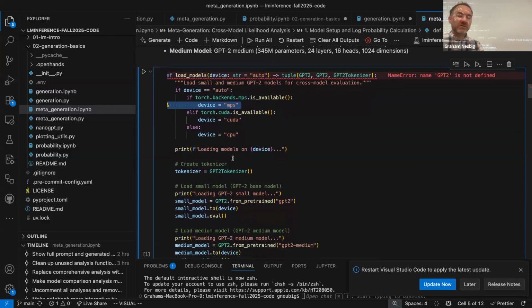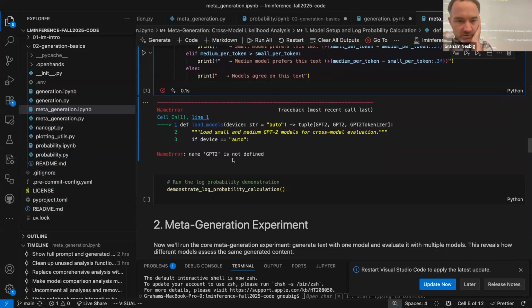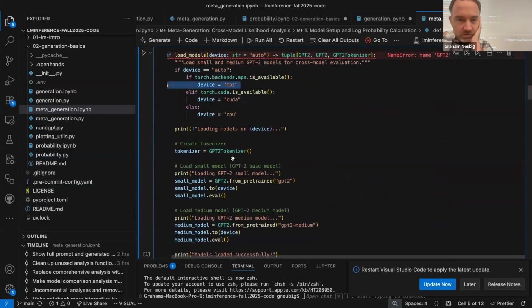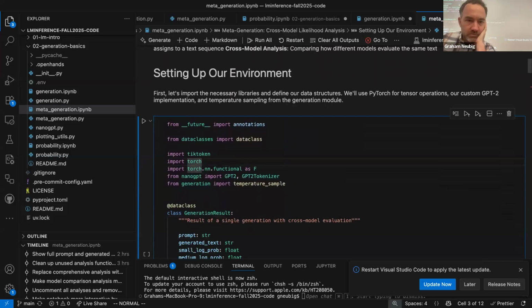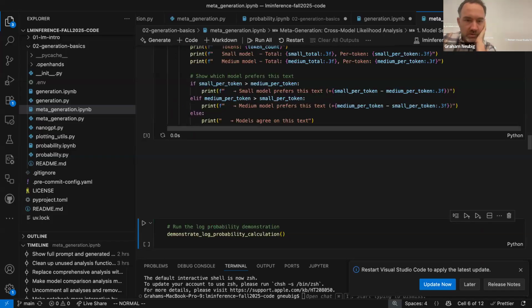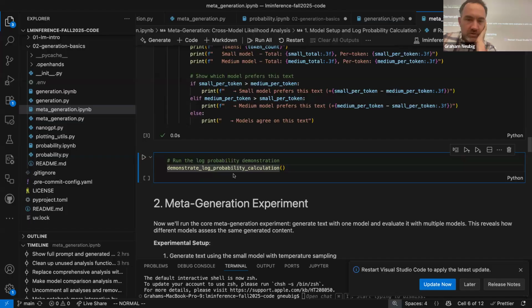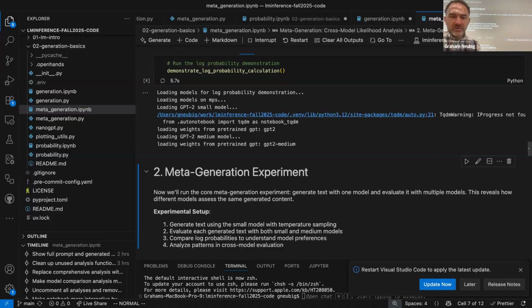And the smaller models you can actually run on your own computer. I'm getting an error. Why am I getting an error? Okay, maybe I just didn't run that. Cool. And so we can generate some outputs and calculate the log probabilities between them.